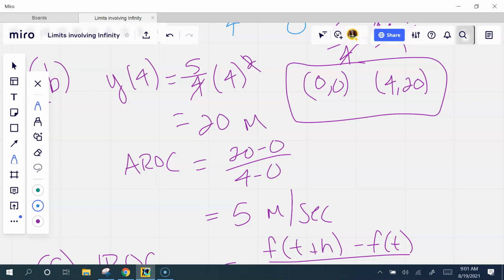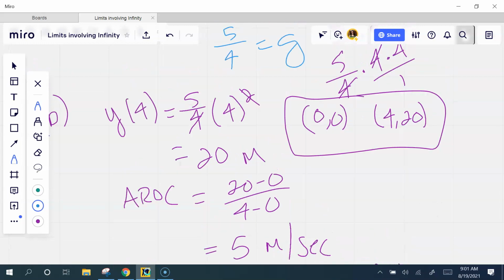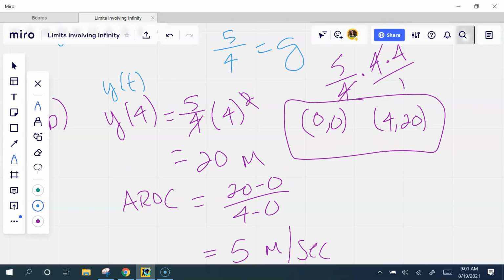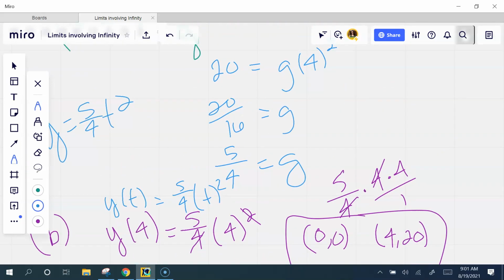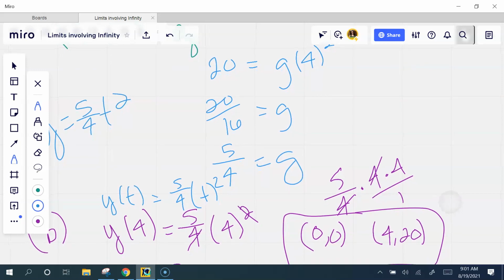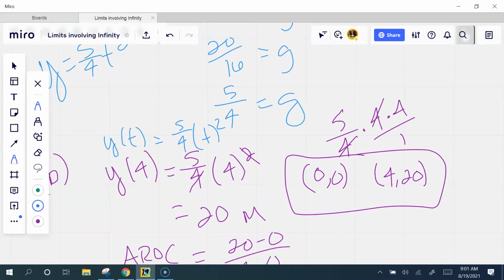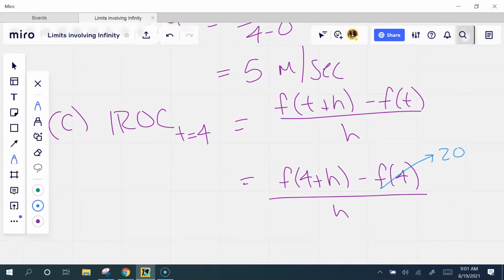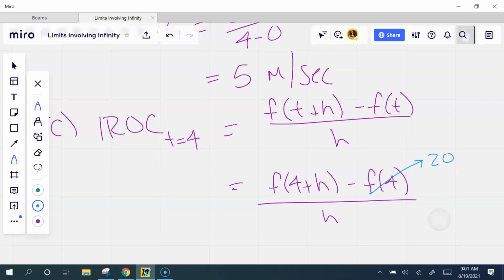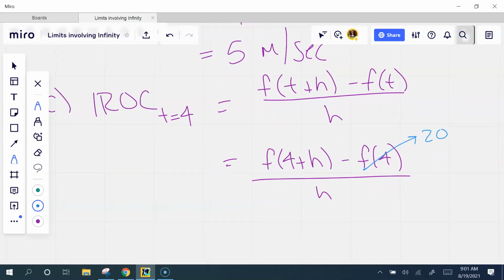That's y of 4. I plugged 4 in for the t. This is saying y of t equals. When you plug it in, all right, so this is just f.